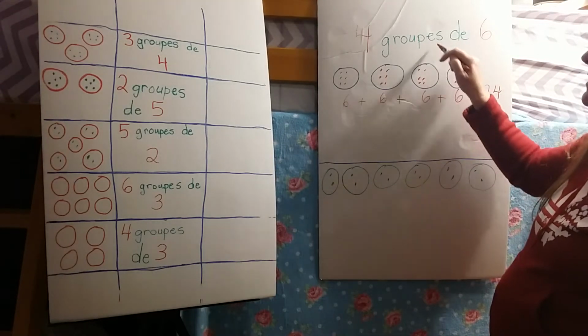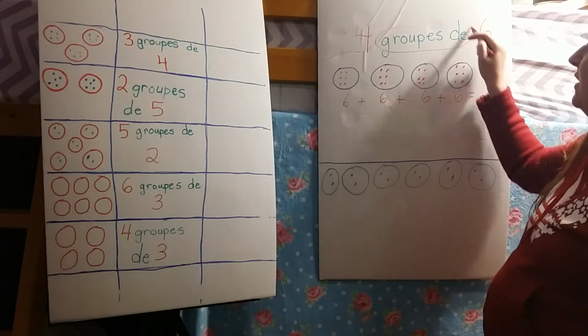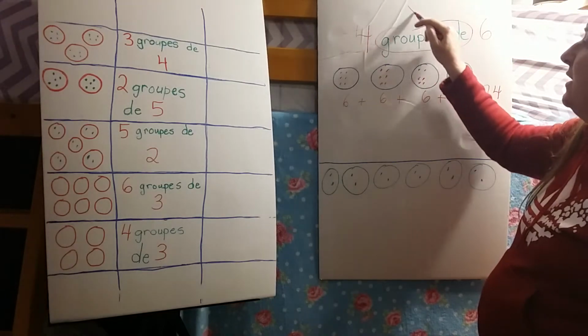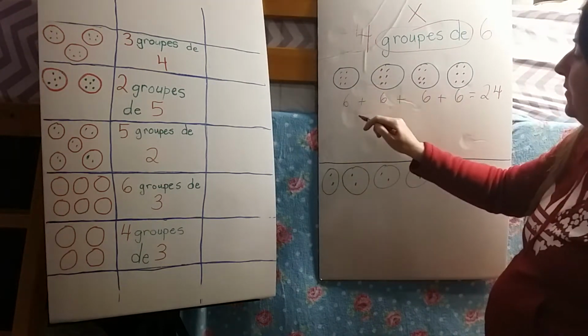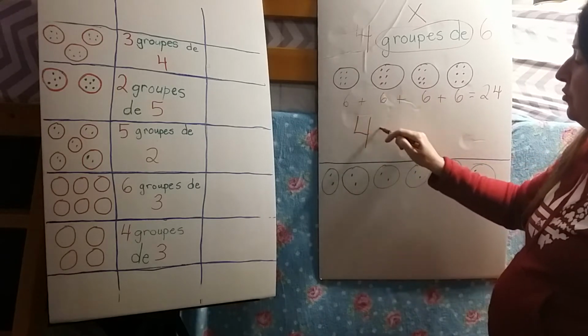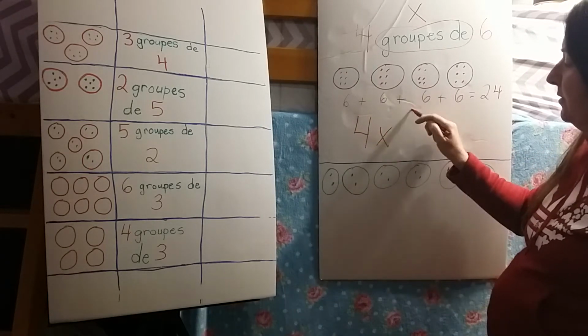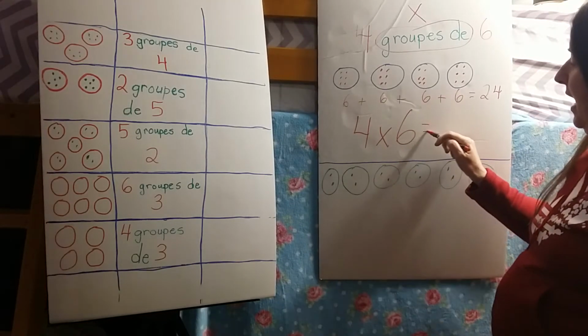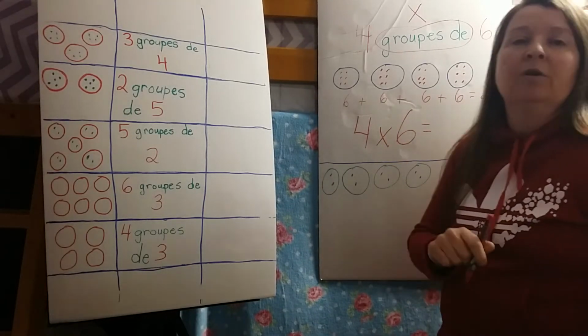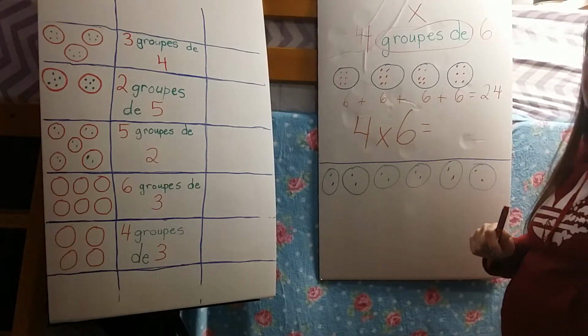And they replaced the words "groups of" with a very simple X. 4 groups of 6. And it made for a lot less work and a lot less writing.